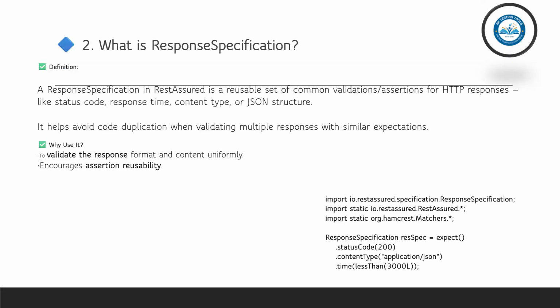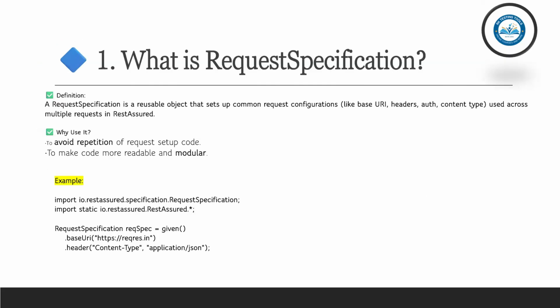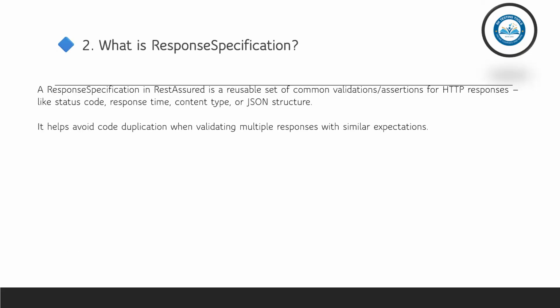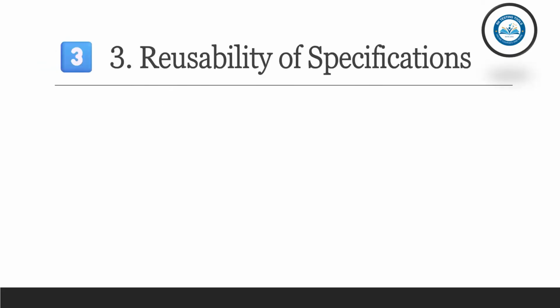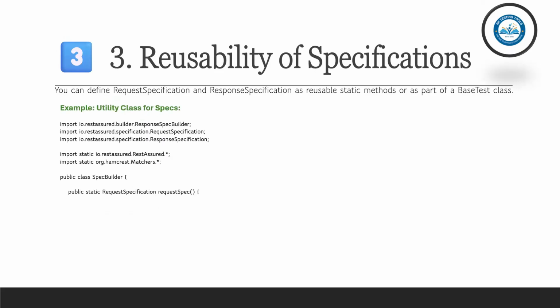So the request specification is for configuring the request information, like base URI, headers, authentication, and content type. In the response specification, we are validating the response status code, response time, content type, and JSON structure. So how do we reuse these two, request specification and response specification, in one test?